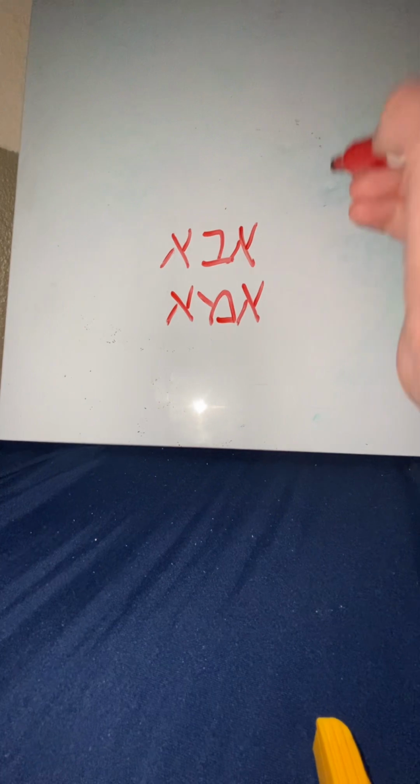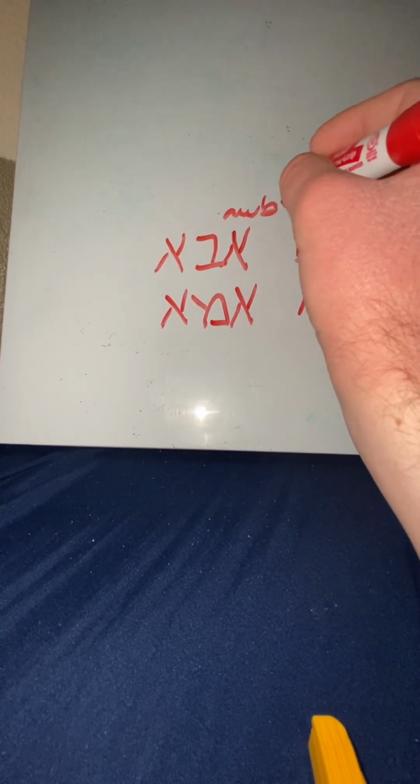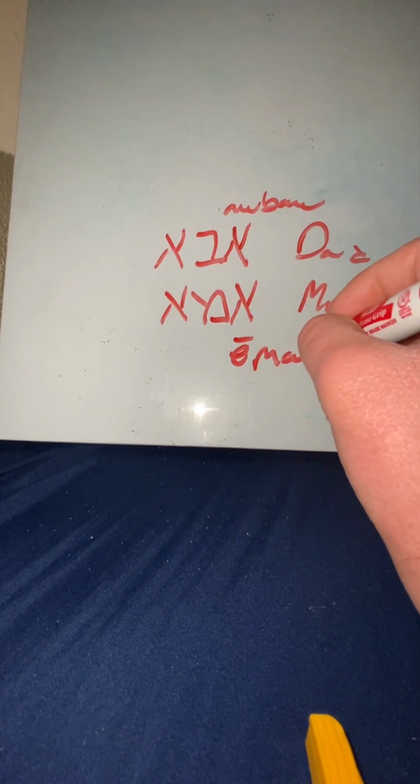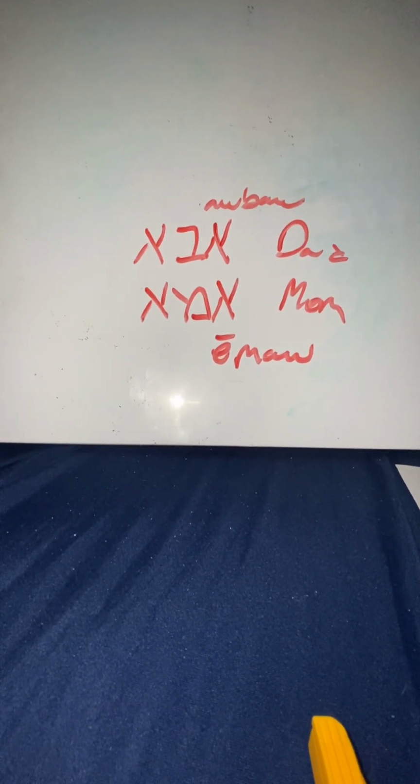You have dad and mom. Abba and Ima. Okay. Those are two words. You got dad, you got mom.